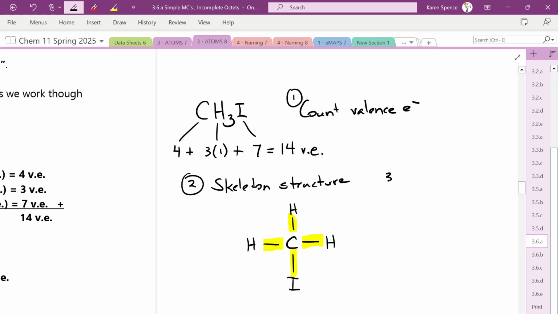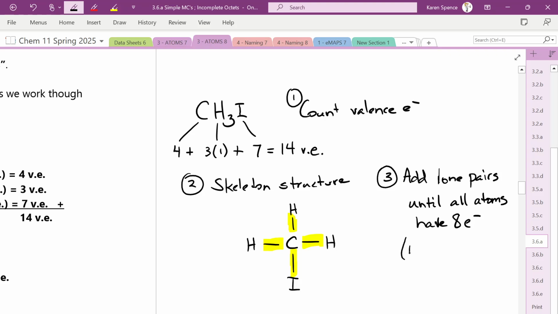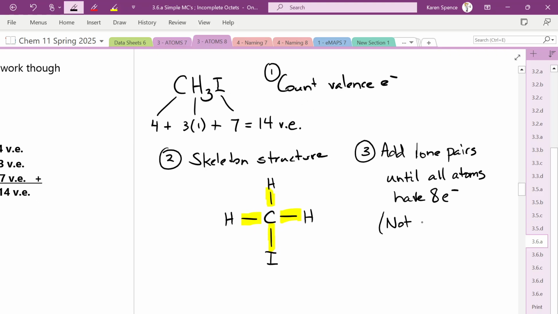The third thing we're going to do is add lone pairs until everybody has an octet. Until all atoms have 8 electrons. But not who? Who shouldn't have 8? Hydrogen.